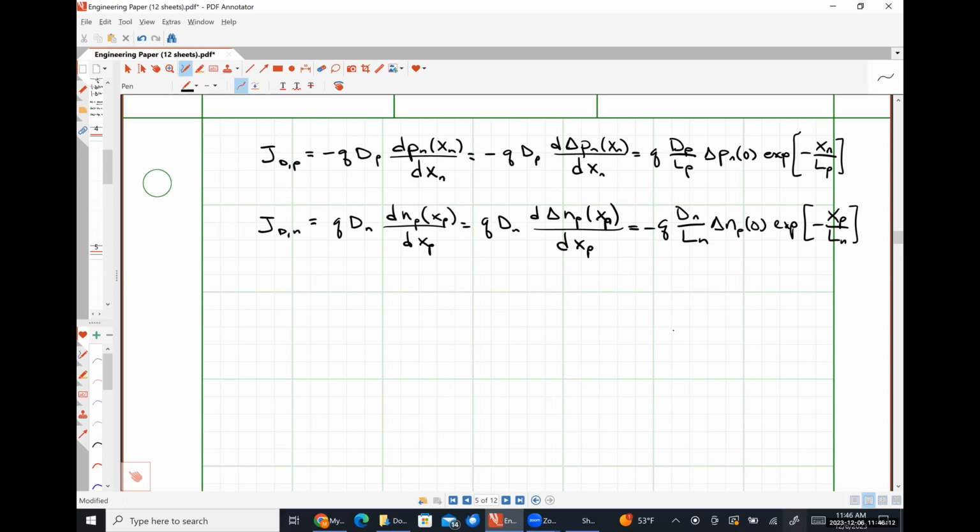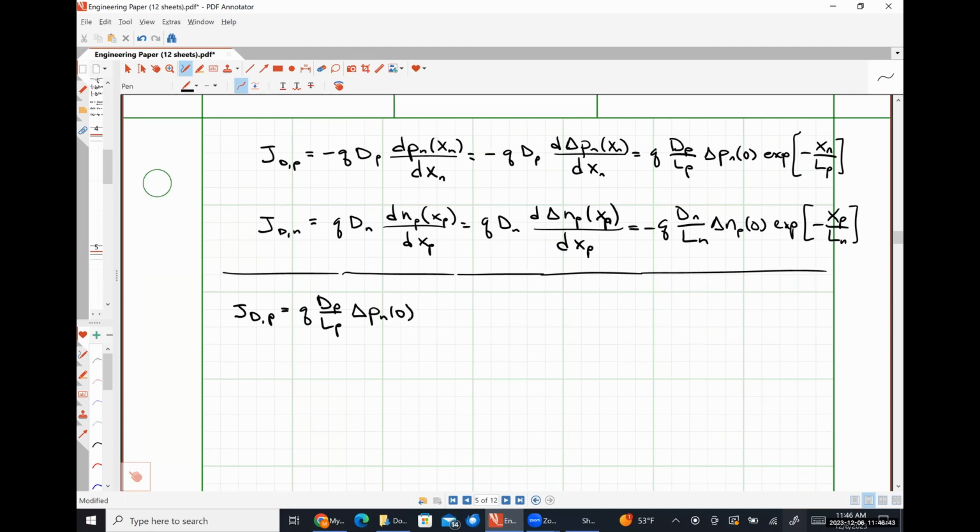All right, so J diffusion for holes is Q D_P over L_P times delta P_n at 0. What I'm trying to sort out is where that exponential function went.